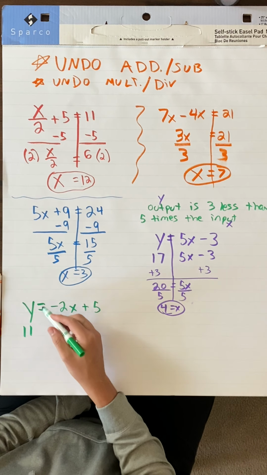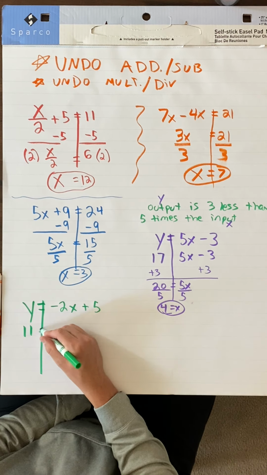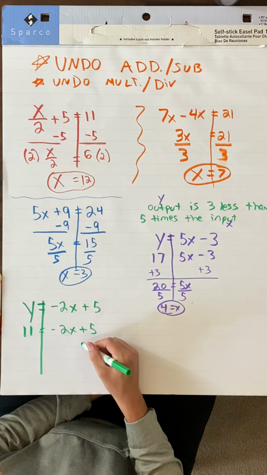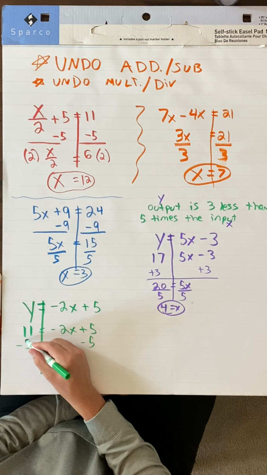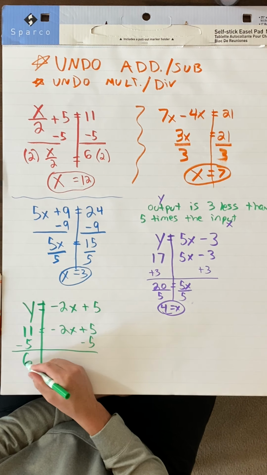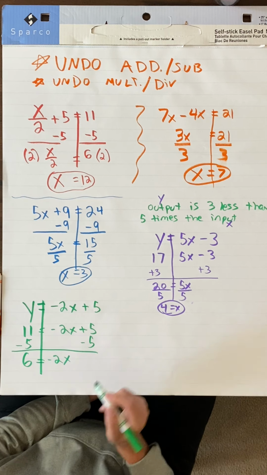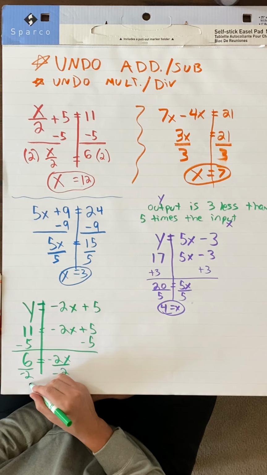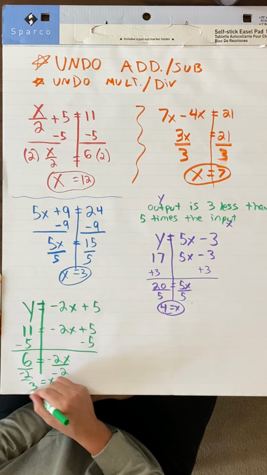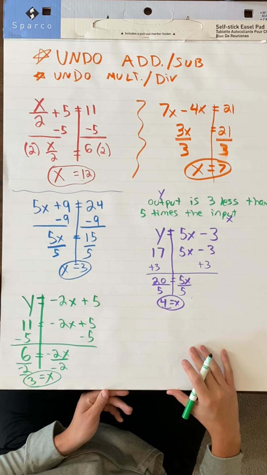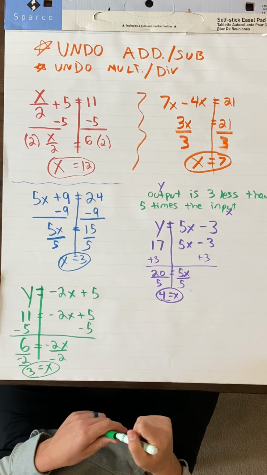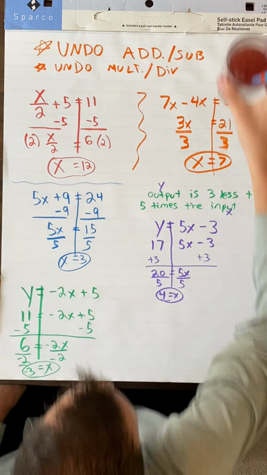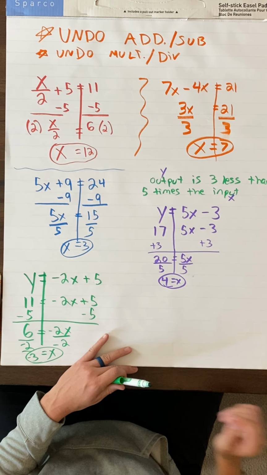So we're going to substitute 11 in here. First step would be to subtract 5 from both sides. We'll have 6 equals -2x. Divide by -2. And I know it's kind of hard for you to see, but it says x equals -3.